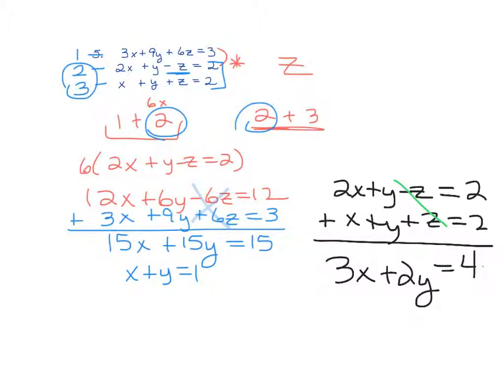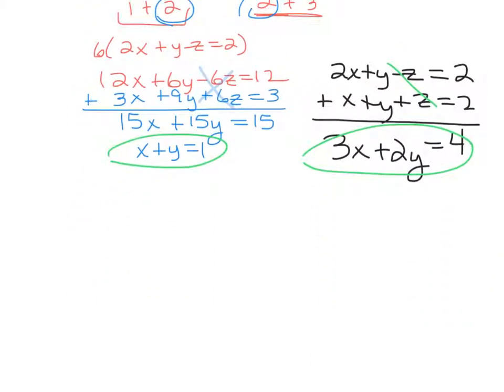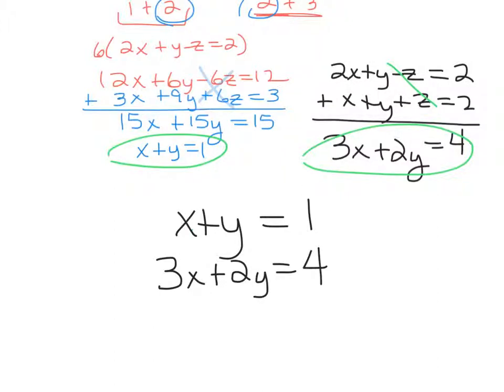Now, these two things look like what I just showed you at the beginning, the first 4 examples. So now I have a simple system with 2 variables. And again, I can use one of the methods that I just showed you. I can either do substitution or elimination because I want to solve for x or y. I'm actually going to do elimination, and I'm going to eliminate y. I could eliminate x, it doesn't matter.